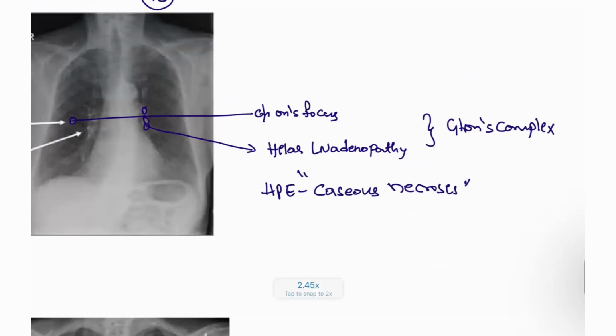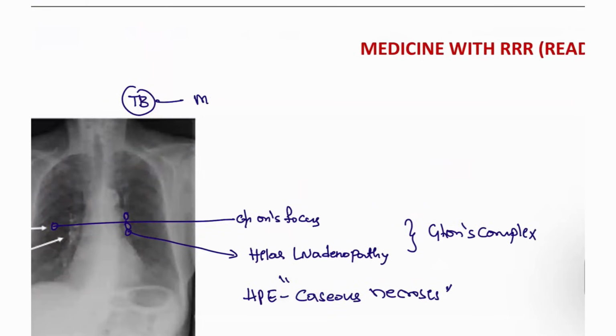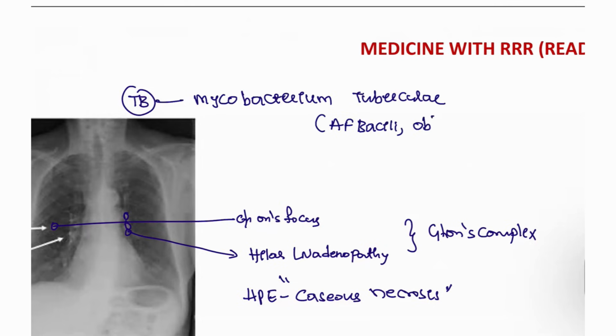What is the most common cause of tuberculosis? Mycobacterium tuberculosis, which is known as an acid fast bacilli and obligate aerobe. This mycobacterium cell wall will contain a specific component, that is mycolic acids.